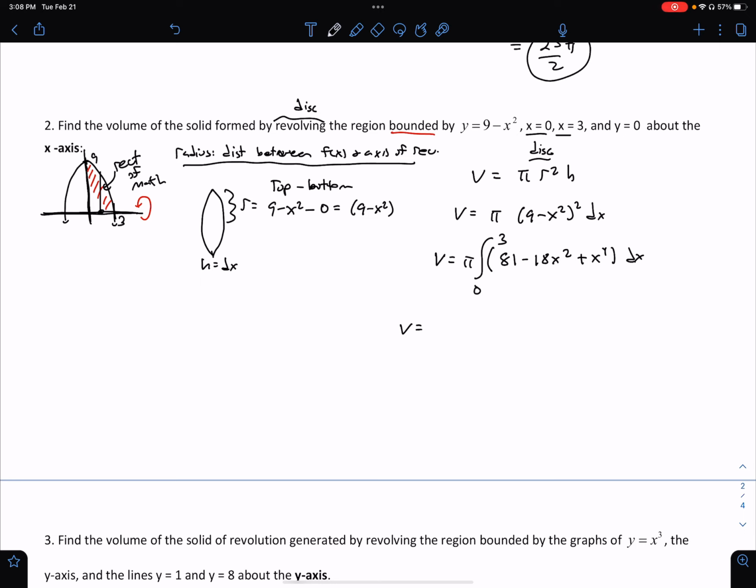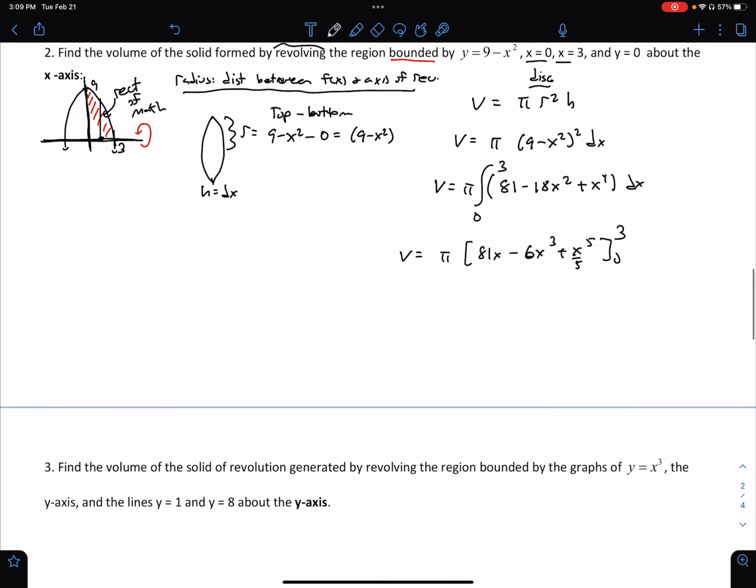Solving, we're going to get pi times 81x minus 6x cubed plus x to the fifth over 5, from 0 to 3. And it ain't going to be pretty, but that's okay.